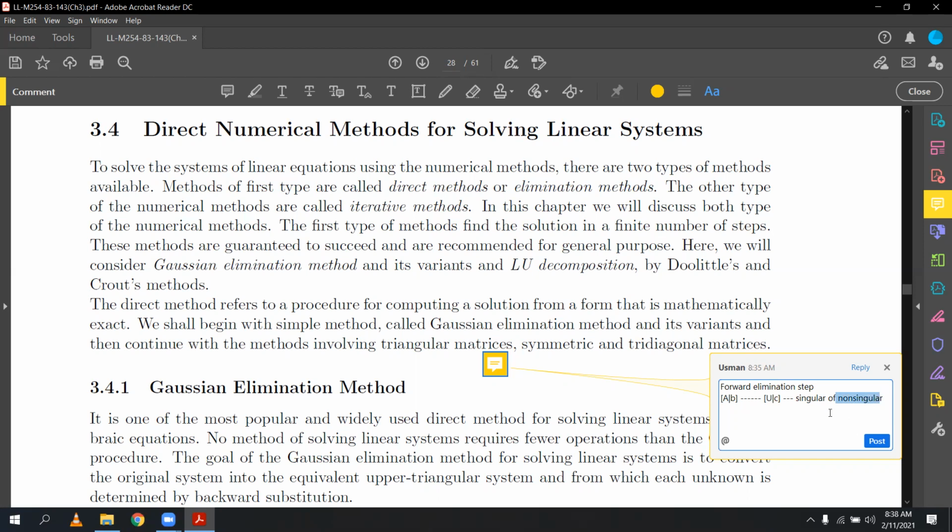Otherwise, if any of the diagonal elements of U is 0, then we call it singular. So when we finish this first part, it tells you whether you are working with a singular or a non-singular system. If it is non-singular, then you go to the second step of the method, which is called backward substitution.